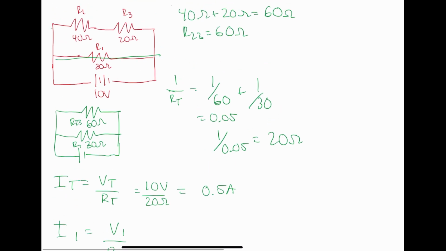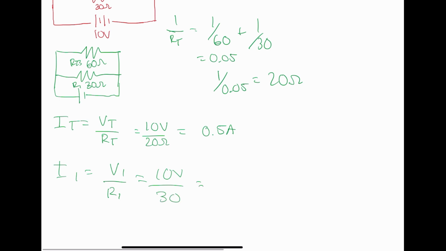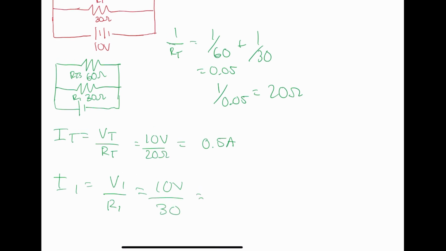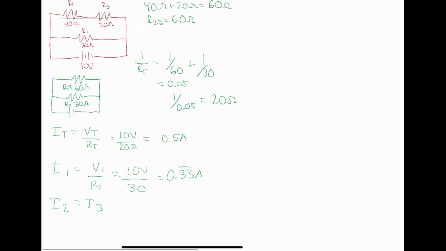So 10 volts over 30, right. And now we know that I2 plus I3, we know that I2 is equal to I3 because it is in a series circuit, and Ohm's law is that current is constant in a series circuit.